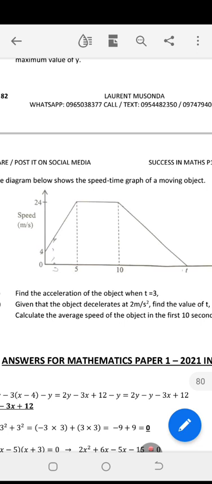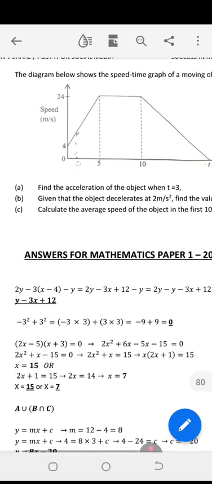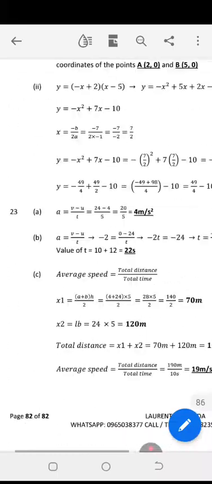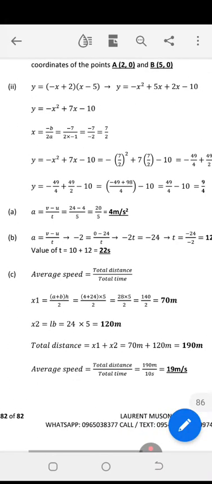Outside you put H over 2. Then now the A is 4. The B is 24. And then the H is 5. That's what they have done. If you check here, you've seen the A is 4, the B is 24, then the H is the 5.